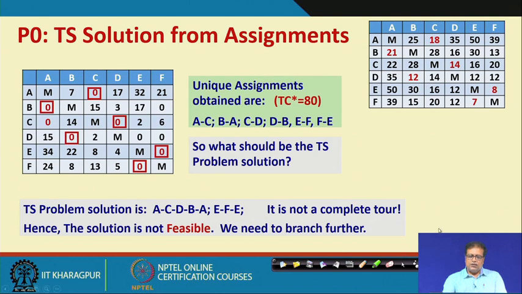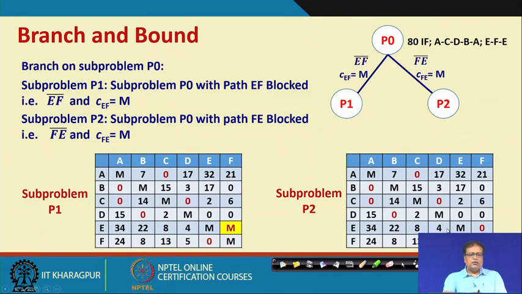So, let us see how it is done. We take E F bar and F E bar, and so first of all E to F we put M and F to E we put M, and then we get two subproblems P 1 and P 2, right.